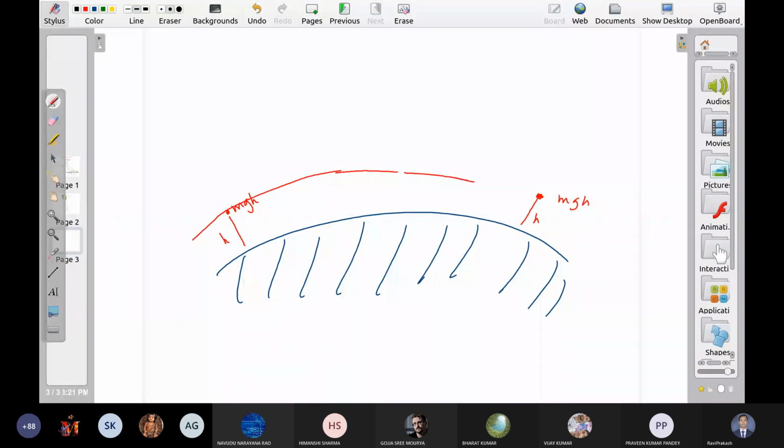What is the potential here? V is equal to V1 is equal to mgh1. Similarly for all these points, V is equal to V2 is equal to mgh2. Okay. What is the direction of force at this point?